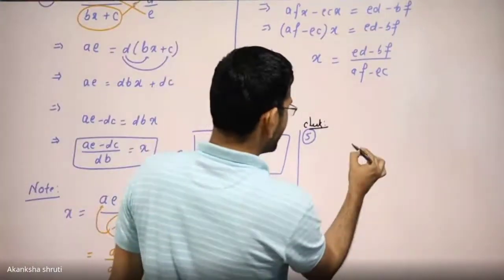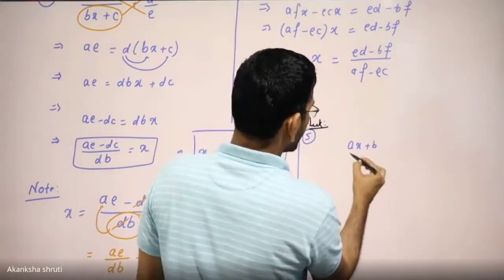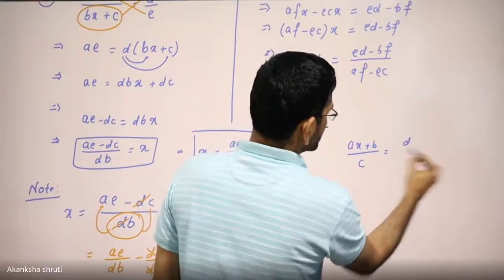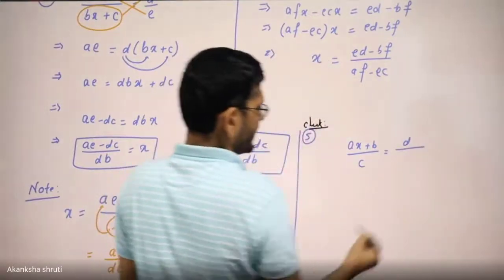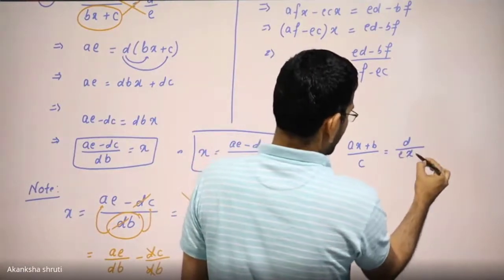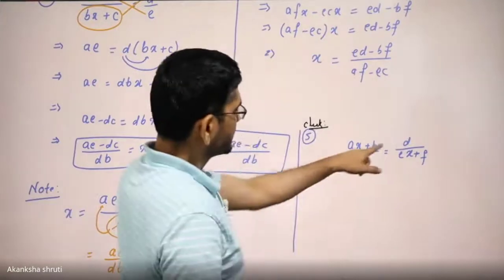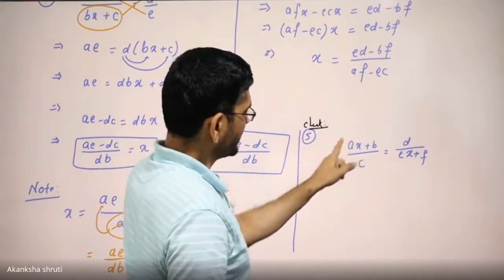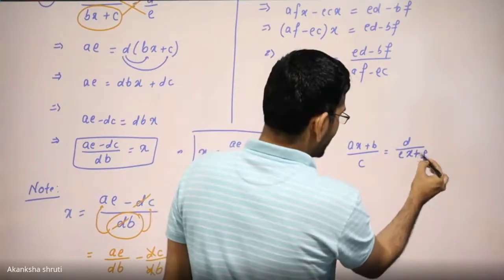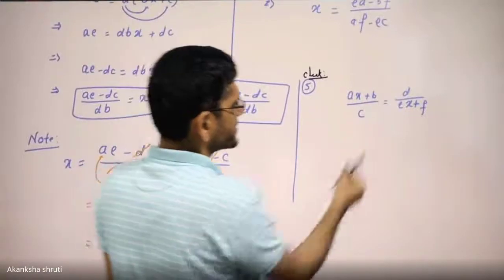So if I have (ax plus b) by c is equal to d by (ex plus f), it means one of the x is in the numerator on the left hand side, and another x is in the denominator on the right hand side. Is it possible to have such a linear equation?